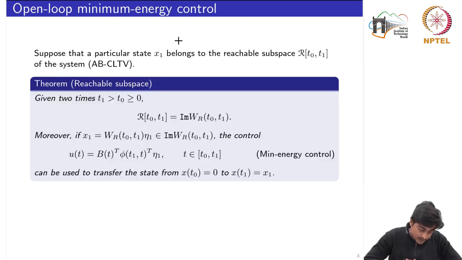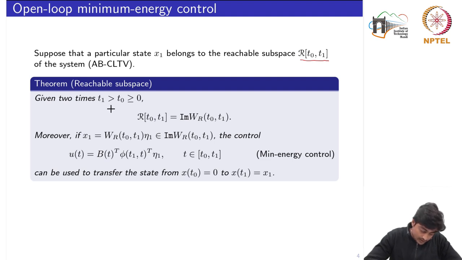Suppose that a particular state x1 belongs to the reachable subspace of the system A, B, a continuous time linear time varying system. We want to steer the trajectory from the origin to x1, and suppose this x1 belongs to the reachable subspace.